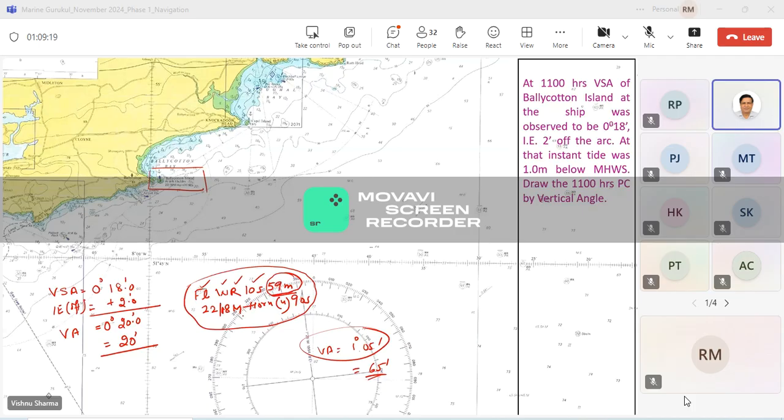22 by 18 capital M. This is the nominal range of the light. We'll talk about it in the next topic today itself. So where you have small m, that is the height of the object in meters. Now it is given as 22 by 18 capital M. What does it mean? In this sequence here, WR, white comes first, red comes next. So this 22 nautical mile nominal range is for the white light, and 18 miles nominal range is for the red light.